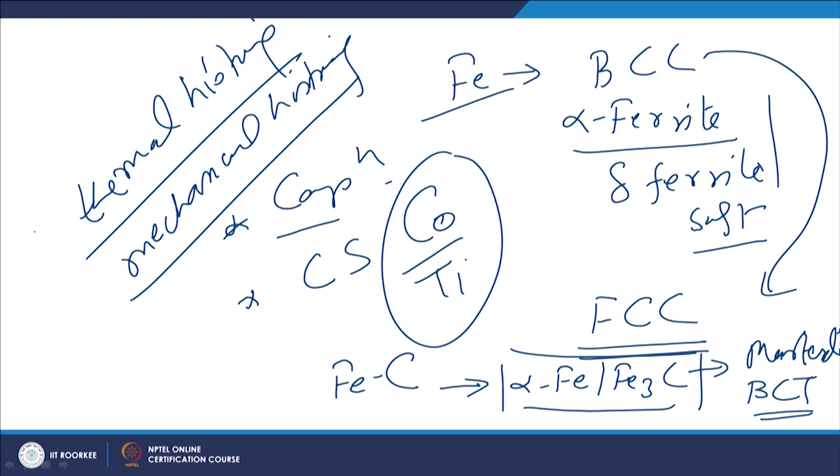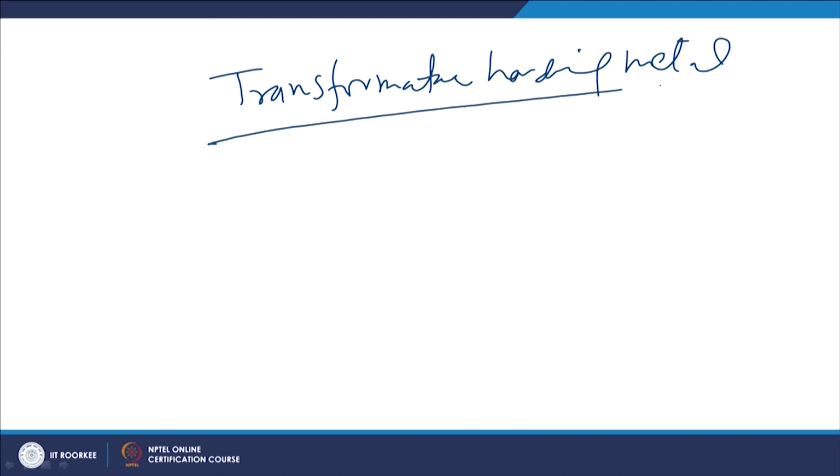So, either the controlled heating followed by cooling or the controlled plastic deformation of the metal leads to such kind of the phase transformations, where change of the phase leads to the increase in mechanical properties or decrease in mechanical properties. So, in which way the transformation hardening metals will be behaving during the welding.